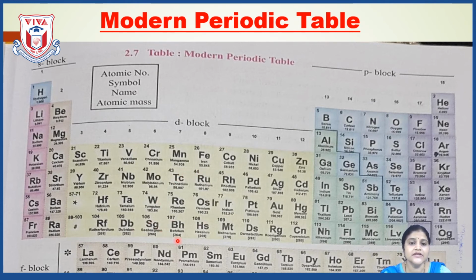Now here you can see a modern periodic table. Of course, the number of elements present during his time was the largest so far. The drastic and very important change he made was that he considered the modern periodic table on the basis of atomic number.